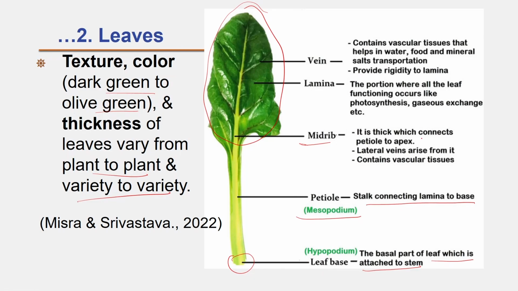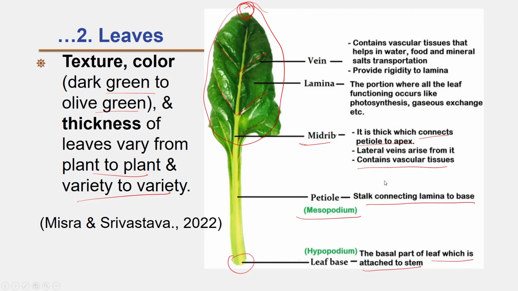It is thick and connects petiole to apex. This is the apex part, the top part, which connects petiole to apex. Lateral veins arise from it. You are seeing many lateral veins arising from this midrib. It contains vascular tissues.